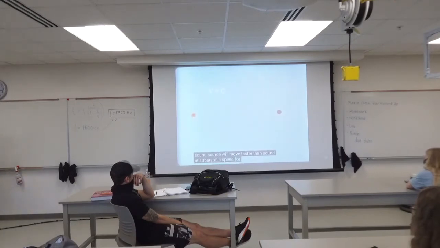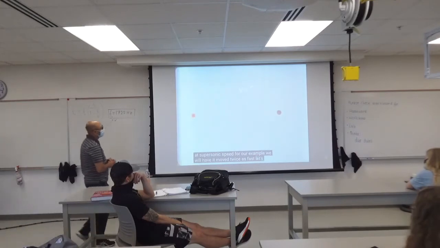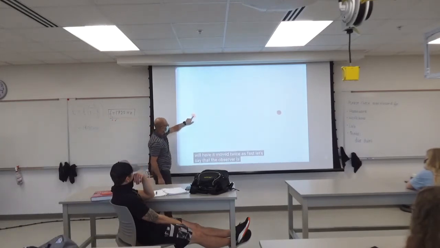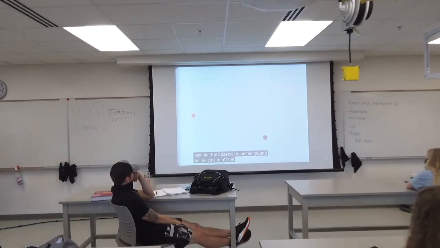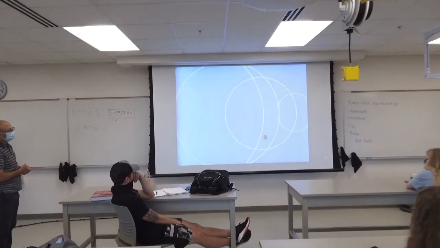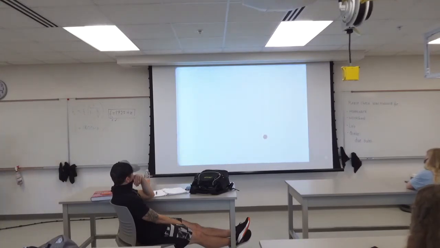Now the speed of the source is greater than the speed of the wave. So this will travel twice as fast as the expansion of the wave. So that's ahead of the wave, because it's traveling faster than the wave.